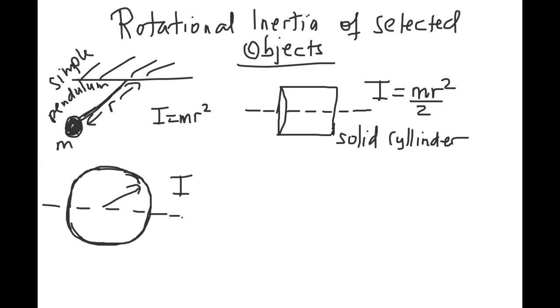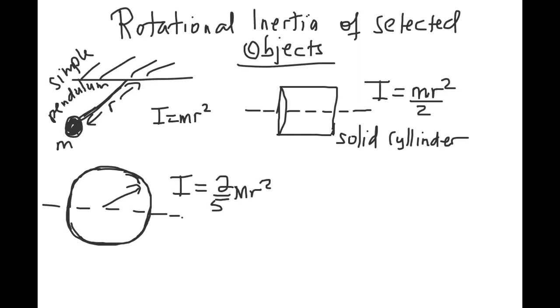This one has rotational inertia of 2/5 times the mass of the sphere times radius squared. As you can see, rotational inertia depends on the mass distribution as well as the axis of rotation.